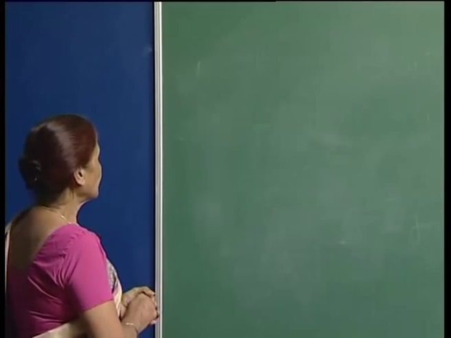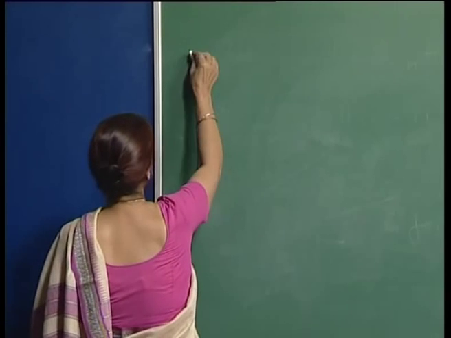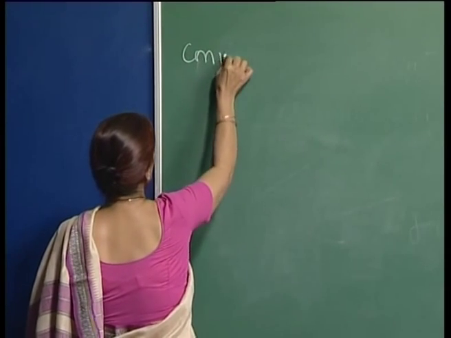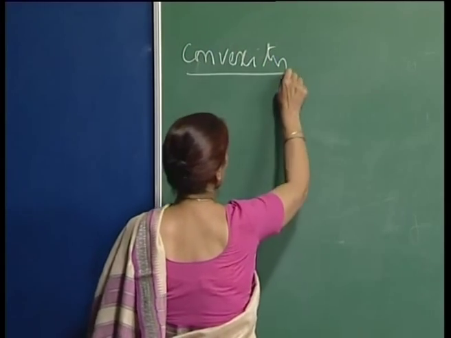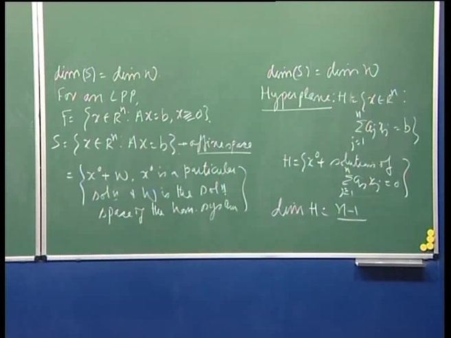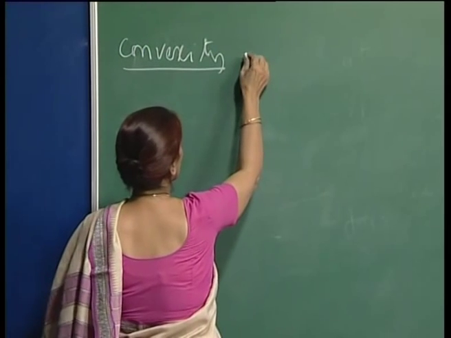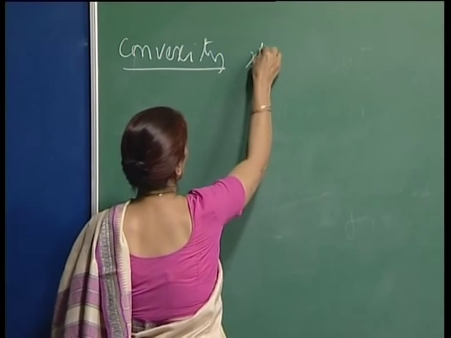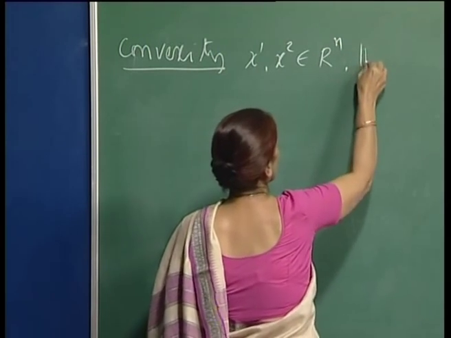Now let me define another concept, and that is convexity. This is very important, and you will see how much this concept helps to simplify the whole theory that we are going to develop. First of all, let x1, x2 belong to Rn.